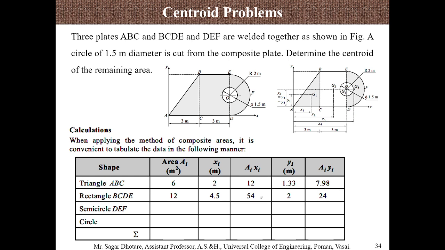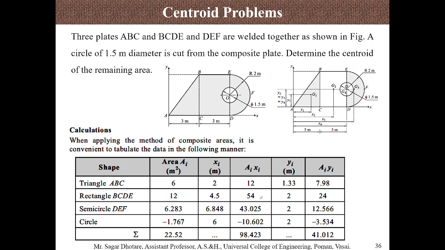Now moving forward with the semicircle, a similar process we are following here also, and find out the values for the circle. Now we are going to remove this area from the areas which are added by the triangle, rectangle and semicircle. So that minus sign is given so that we can actually get the shaded area.